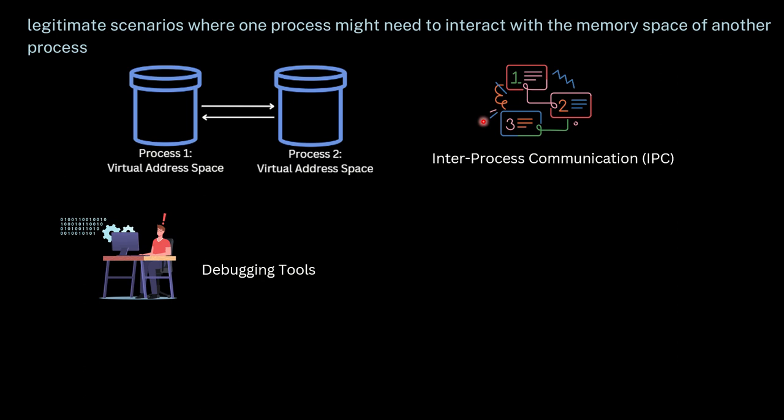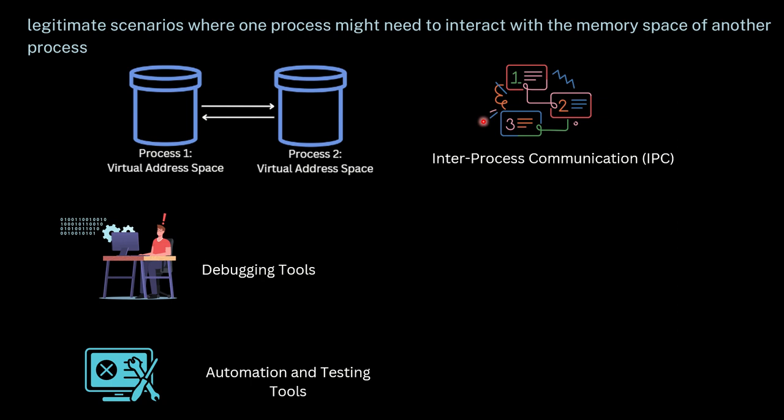Another is automation. Automation is the boom of the current world, and a lot of manual activities of an application are automated, and because of that this inter-process communication is allowed.